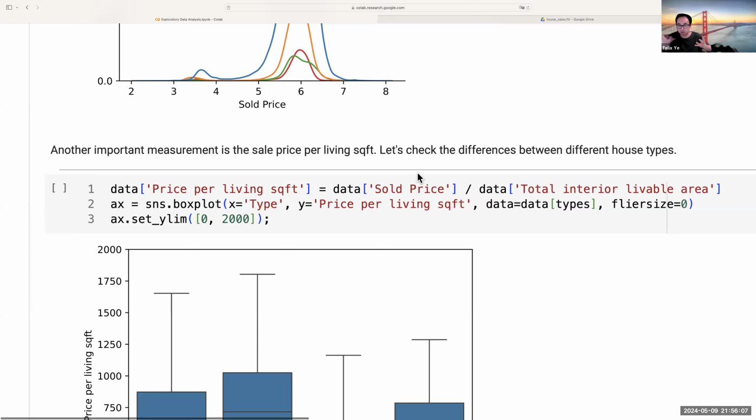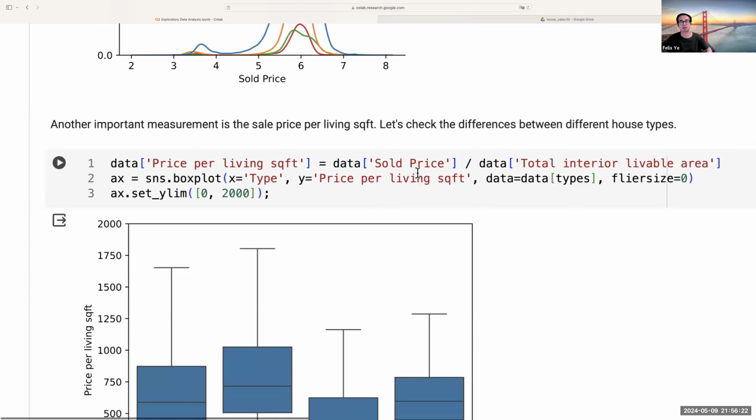So this is very important. But one way to think about whether something is expensive or not is price per living square foot. This gives you a good measure of whether it is high end or low end, rather than just looking at the sold price.